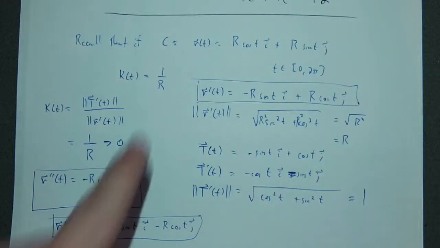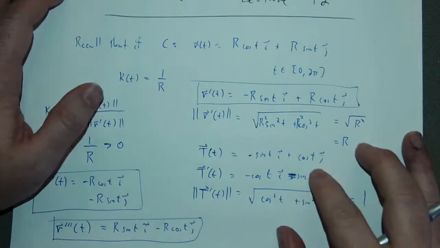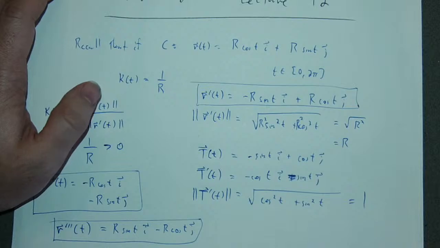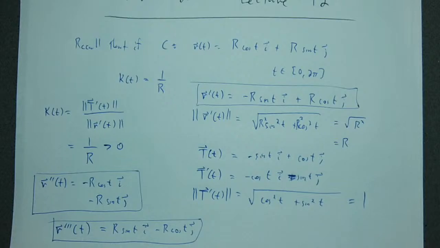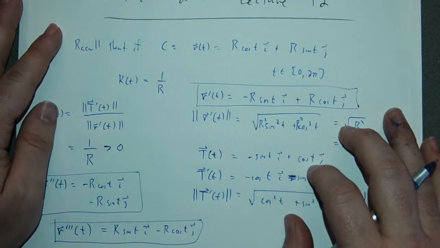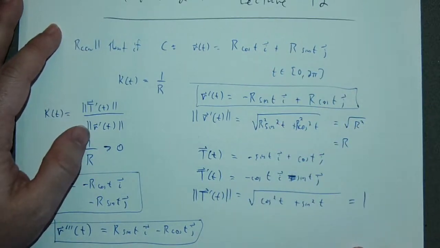This curve is, of course, a plane curve, and as a plane curve, there's no k component. But our cross product was always defined as a cross product between two vectors in space. So how do I remedy this?